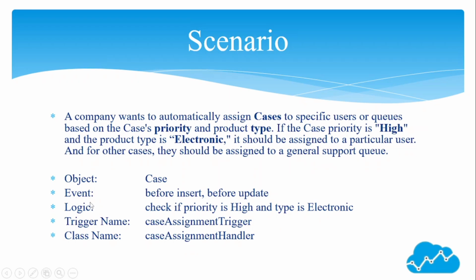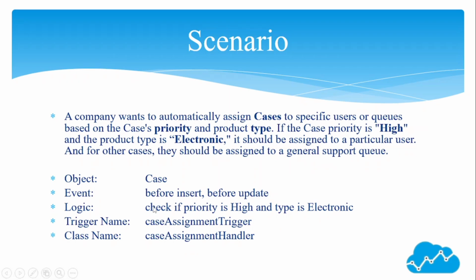Then coming to events. Reading this scenario, we come to know that if a new case is getting generated, or if someone is editing a particular case, in both cases we have to assign that case to a particular user or queue.